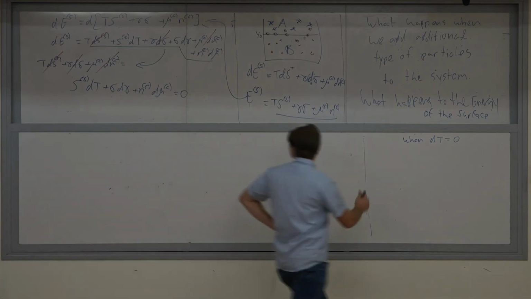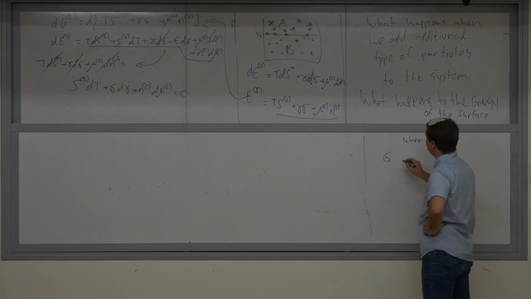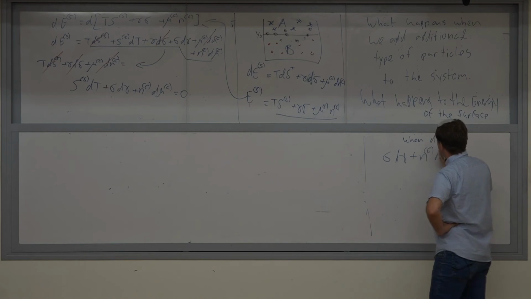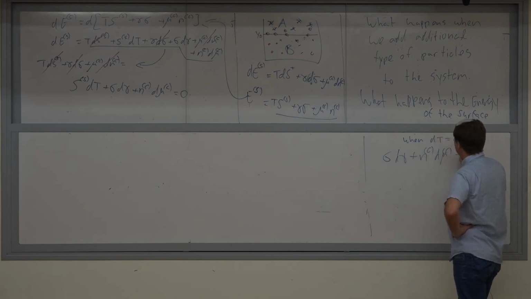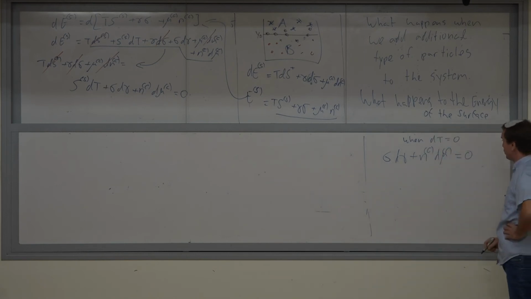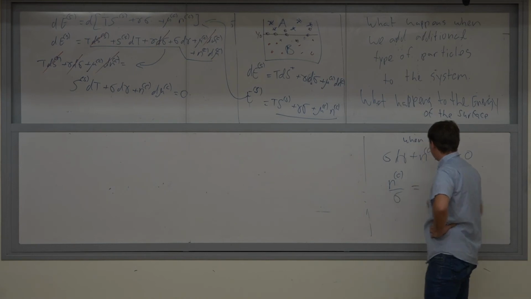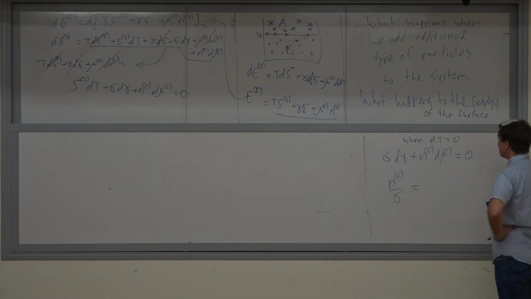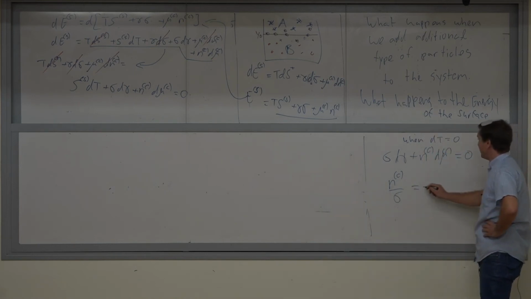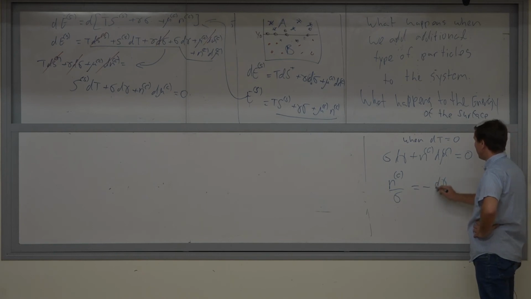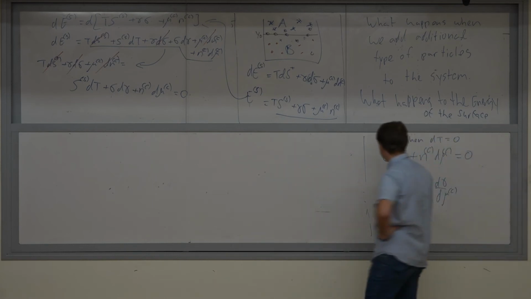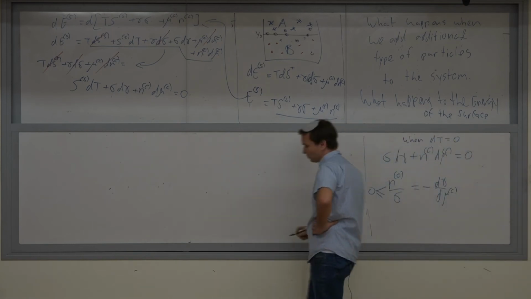So we have sigma dγ plus Nc dμc equals 0. Or Nc divided by sigma equals minus dγ/dμc. This is greater than 0, right?